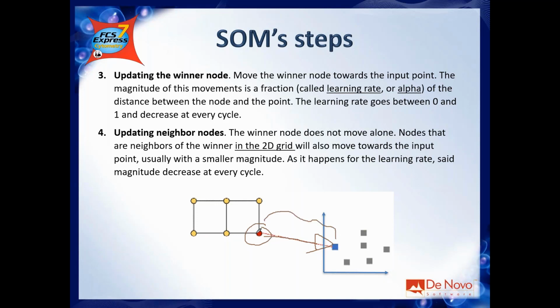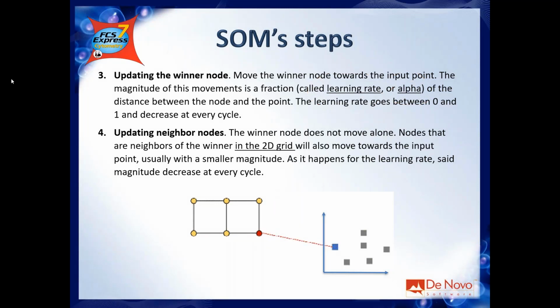This red node will not overlap at the end of the movement with the blue event. It will just cover a fraction of this distance. It can be like 10%, it can be 20%, 50%, 90%. It can be whatever. This fraction is called the learning rate. It's also called alpha in this algorithm.